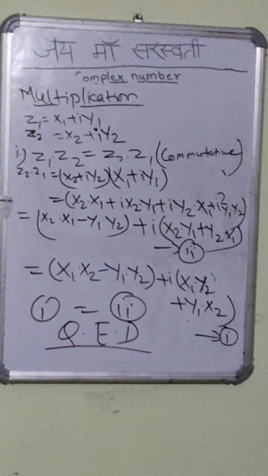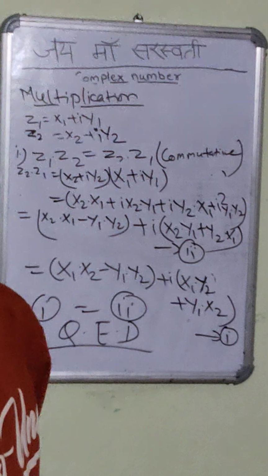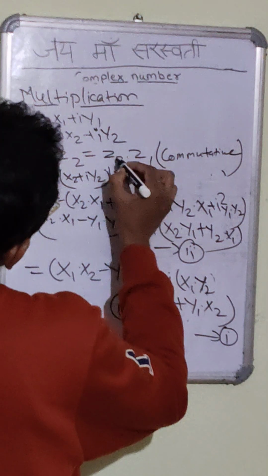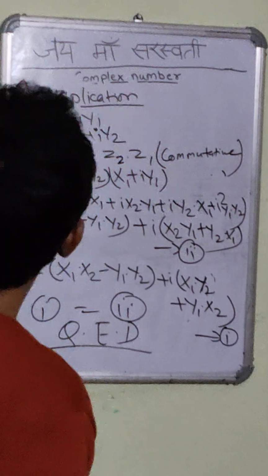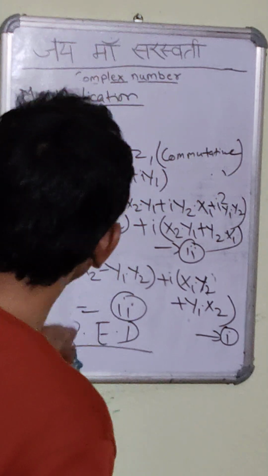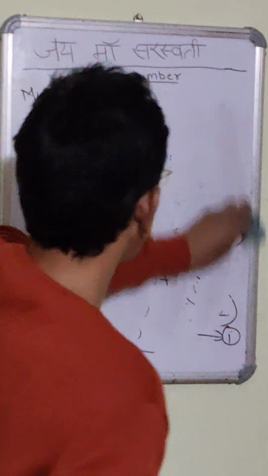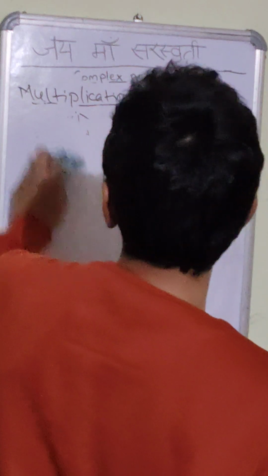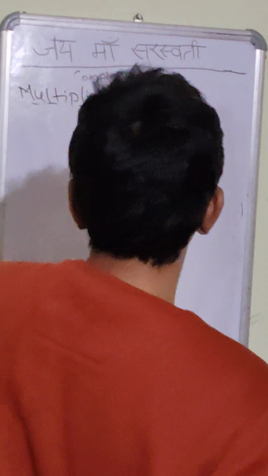We have established one relationship: Z1 into Z2 is equal to Z2 into Z1. That is commutative in nature. We will see the other property also, which will render more transparency and make it easier to understand the basic concepts of complex number mathematical operations.